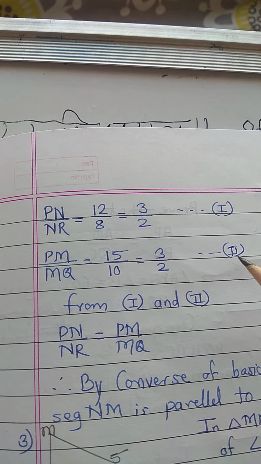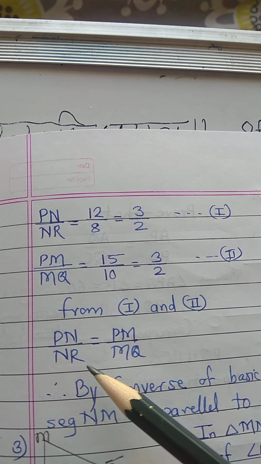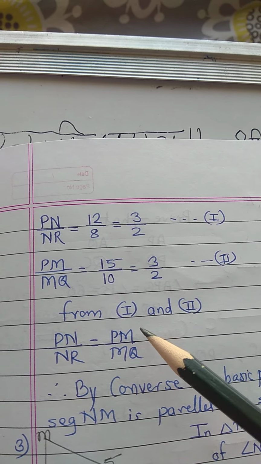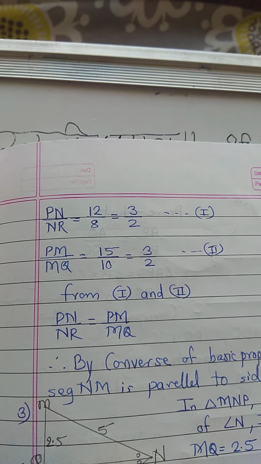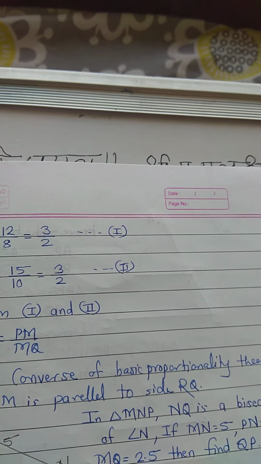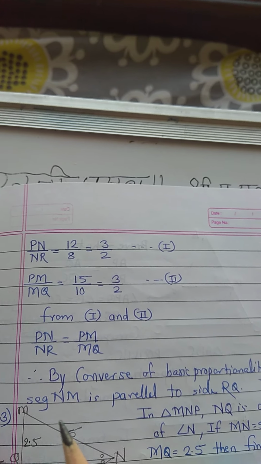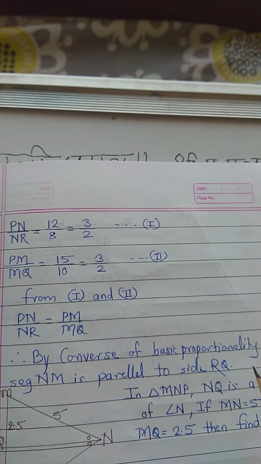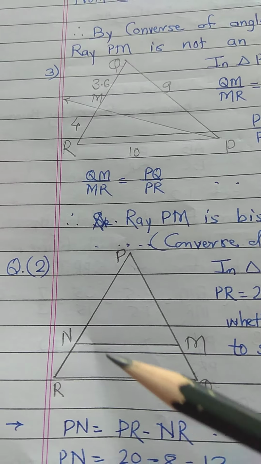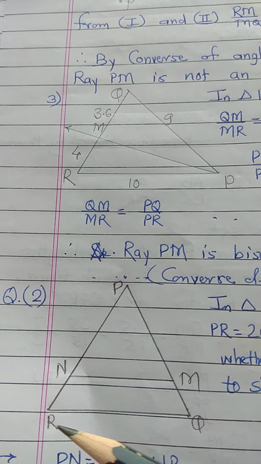As both the ratios are equal, therefore we can say that PN upon NR is equal to PM upon MQ from 1 and 2. Therefore, by converse of basic proportionality theorem, we can say that segment NM is parallel to the side RQ. NM is parallel to RQ.